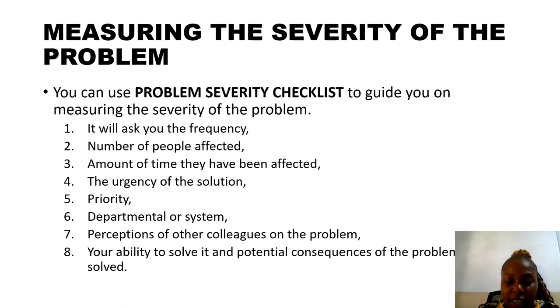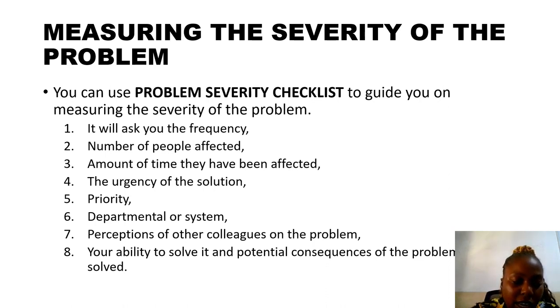So after identifying the problem, the next step would be to measure the severity of the problem. Measuring the severity shows you whether the problem needs to be addressed urgently or later. In this slide, I'm going to share with you a problem severity checklist. It's a Word document.